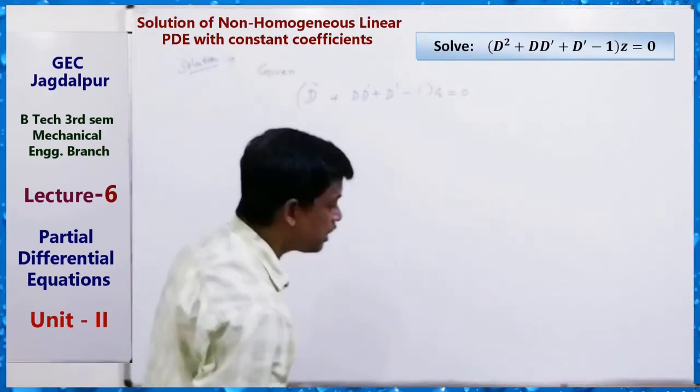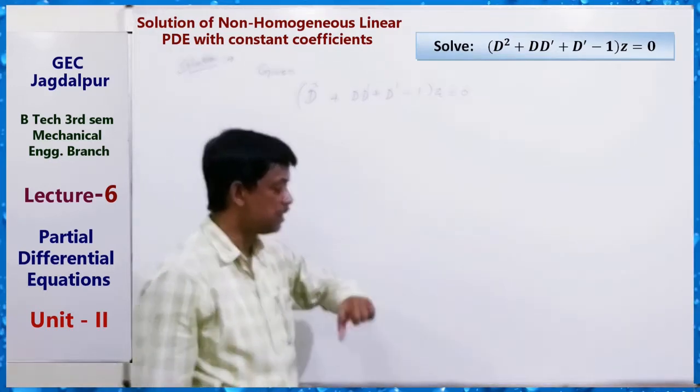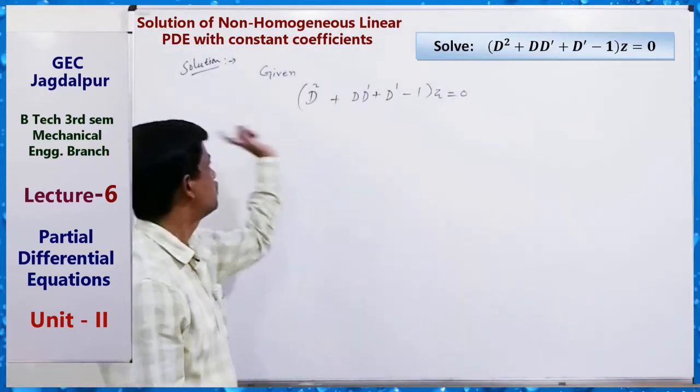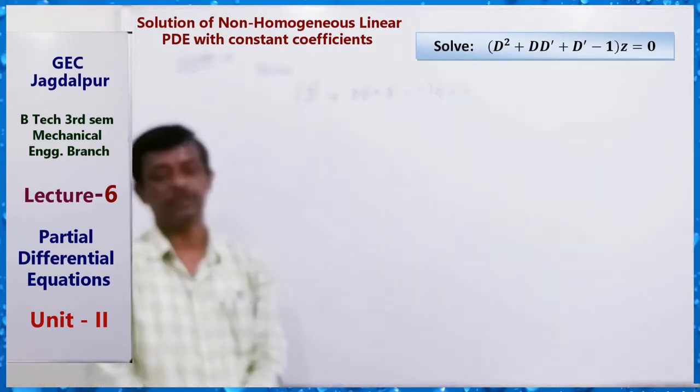Okay, D² + DD' + D' − D − z = 0. Suppose this is given. We have to solve it.